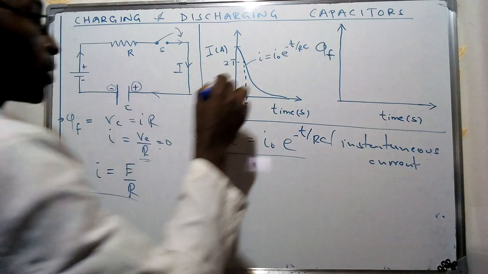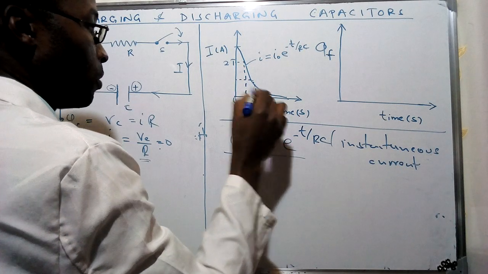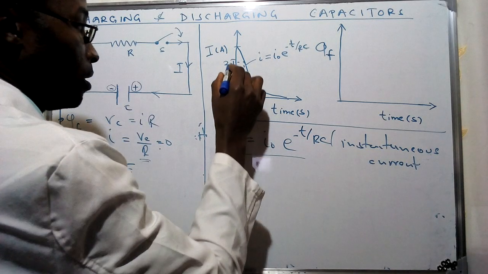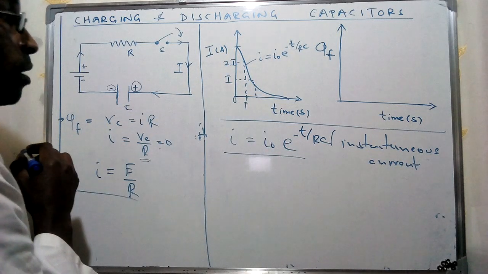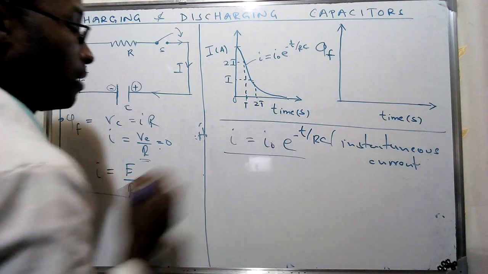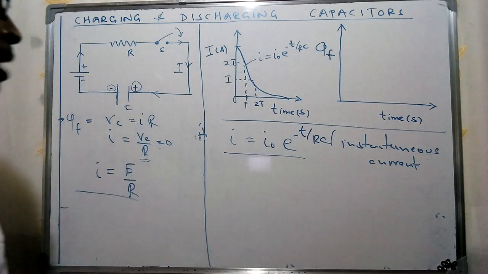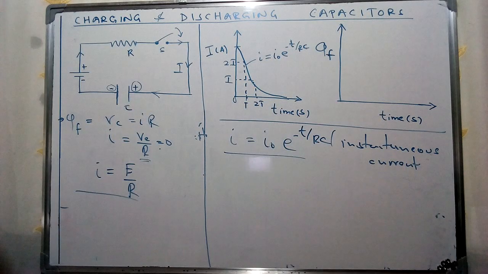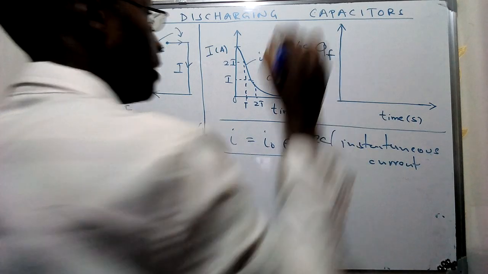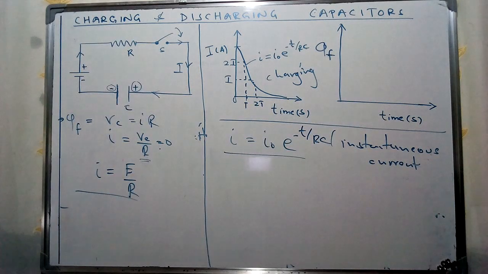But as the time goes by, this current is going to decrease. So this basically is 2I, which is going to be the current, and then we're going to have this one as 2T. As the time continues to increase, there's going to be a decrease in current using this specific relationship. And that is going to form what we refer to as the graph for charging of the capacitors.